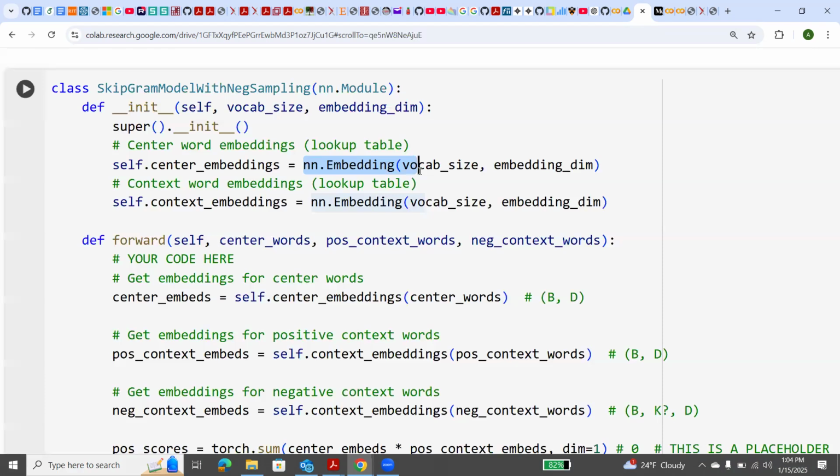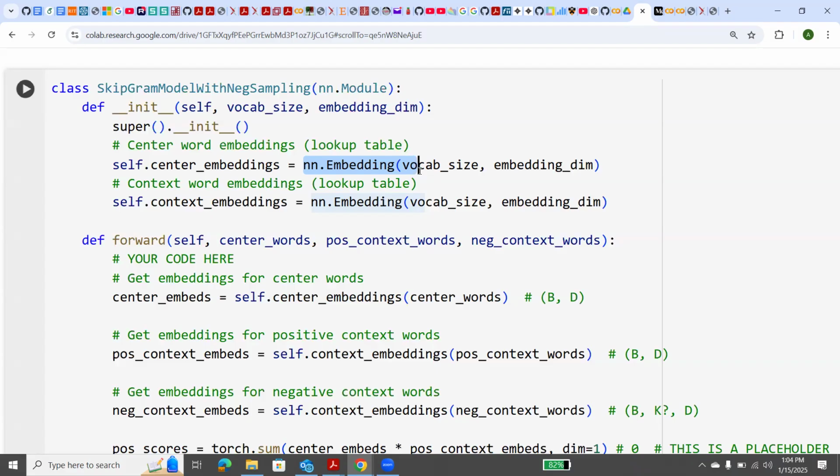So typically we have just indices. And in our case, these are indices of our words in our dictionary. And then it creates for every index, for every word, in other words, the embedding of the size embedding dimension.